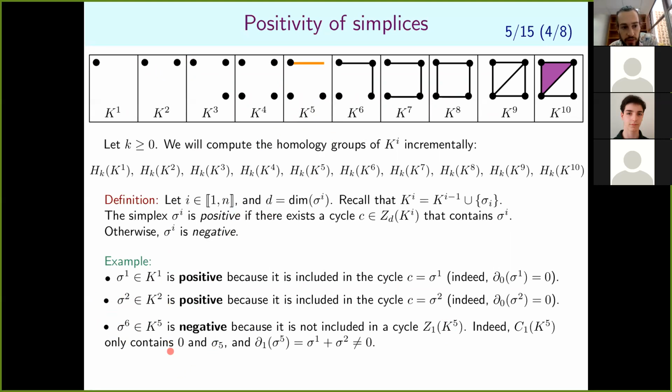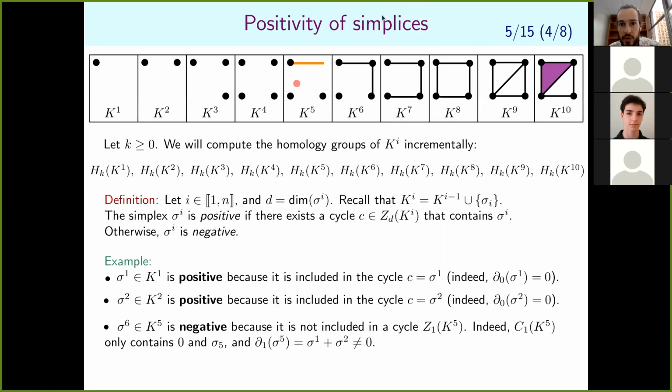You have the chain 0 and the chain sigma 5. But the chain 0 does not contain sigma 5. And the chain sigma 5 is not a cycle, because its boundary is the sum of its vertices, and this is not 0.